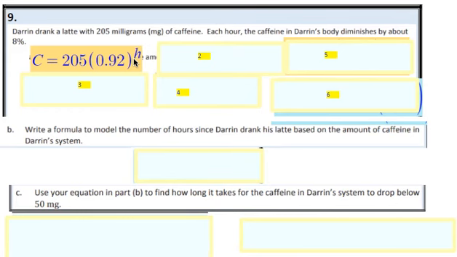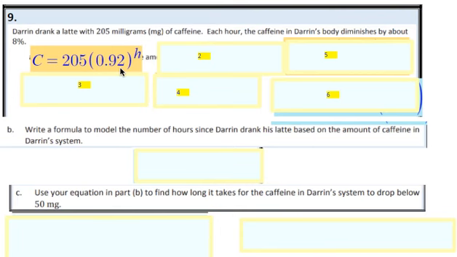So every hour, if he's losing 0.08 or 8%, then he's keeping 92%.